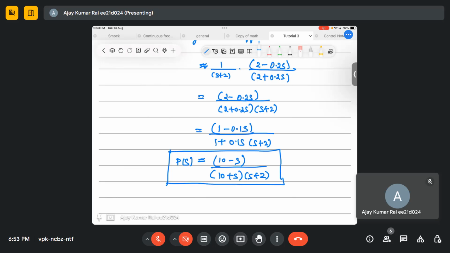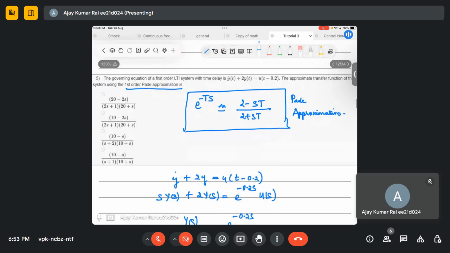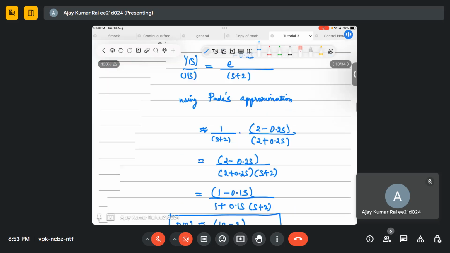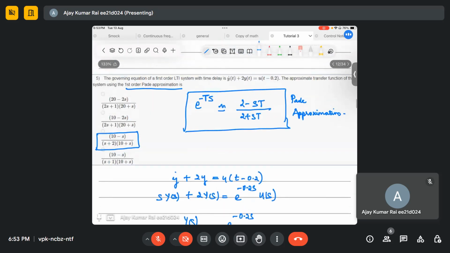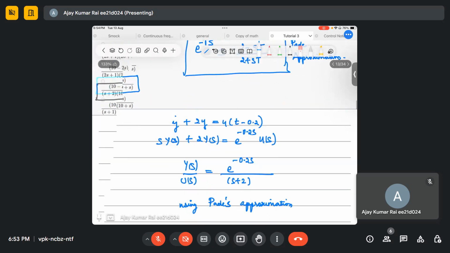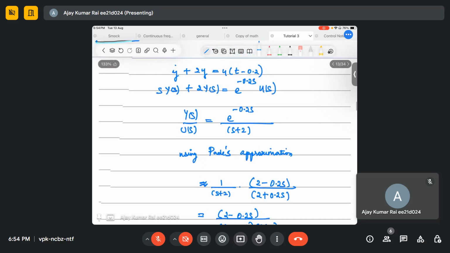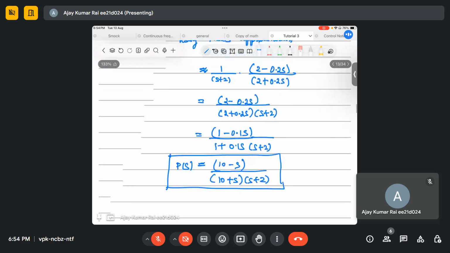Okay, so let us see which option is correct. You can see this one, right? The third option: 10 minus s, 10 plus s, and s plus 2, because we have a pole here. So this is the correct answer.